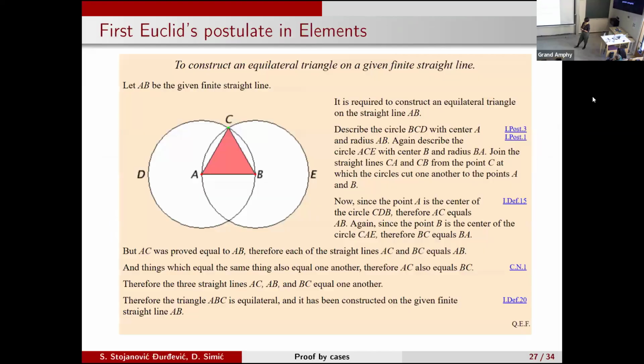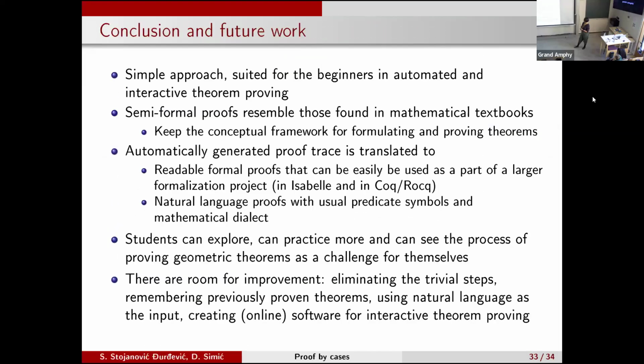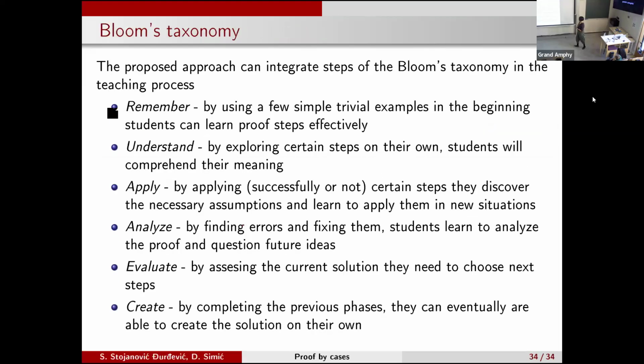I think that's why I added the last slide, because with systems like this, if students use some trivial examples, they will memorize how to translate informal language to semi-formal language. They will know which steps need to be added explicitly. They will try different steps so they can understand them.